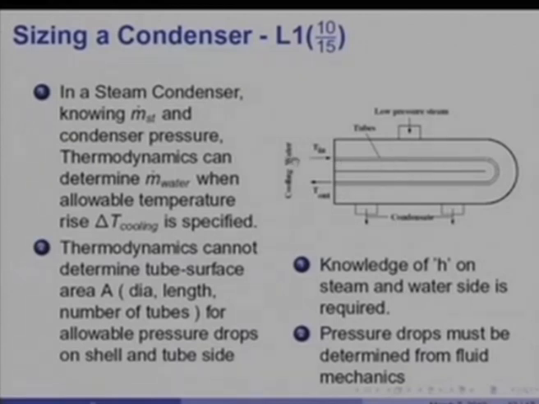The cooling water will enter at a low temperature T in and would come out at the temperature T out, and the steam would condense and the condensate would be collected at the bottom of the condenser. So, in a steam condenser, knowing the mass flow rate of steam and the condenser pressure, thermodynamics can determine the mass flow rate of cooling water required when the allowable temperature difference T out minus T in is specified.